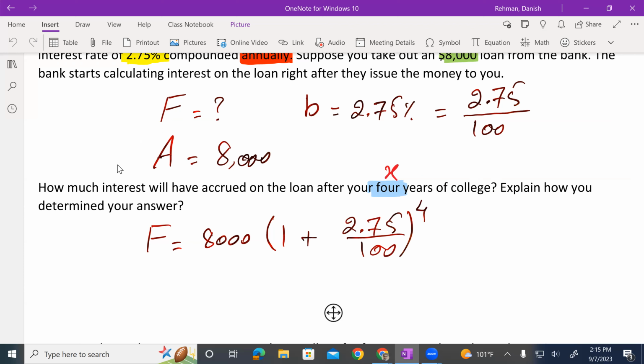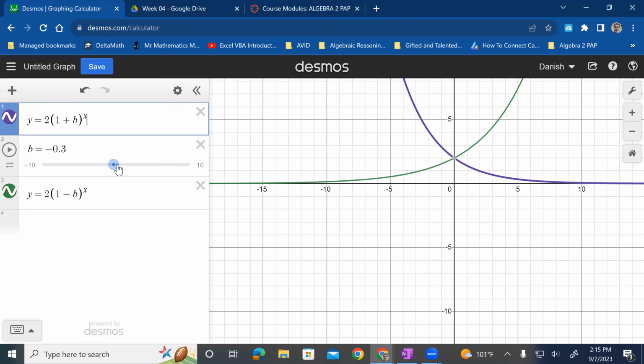How to solve it? I will go to Desmos, input the same thing this same way over here, and Desmos will give me the solution. 8,000 times, where is times?